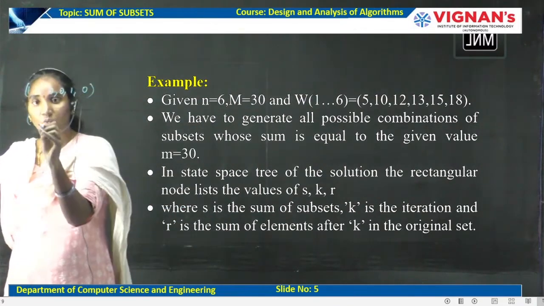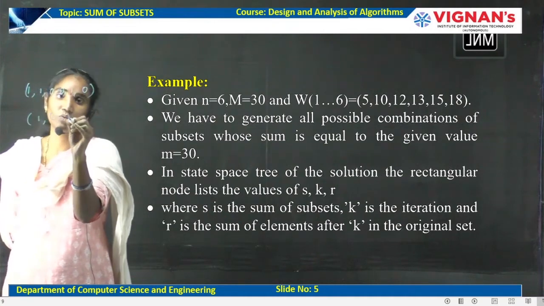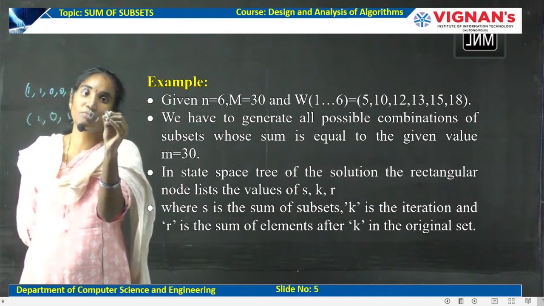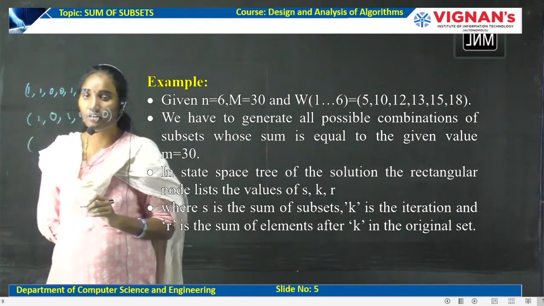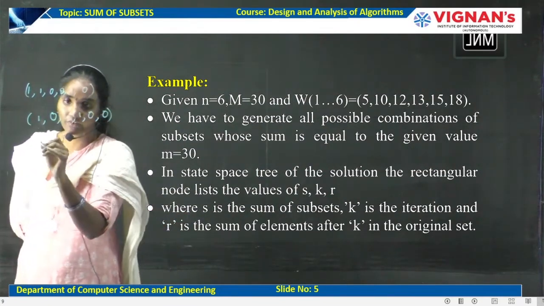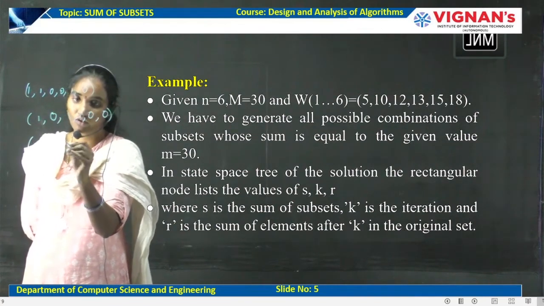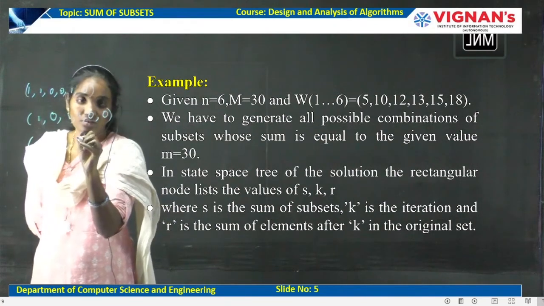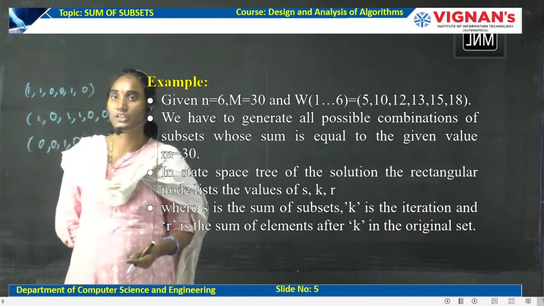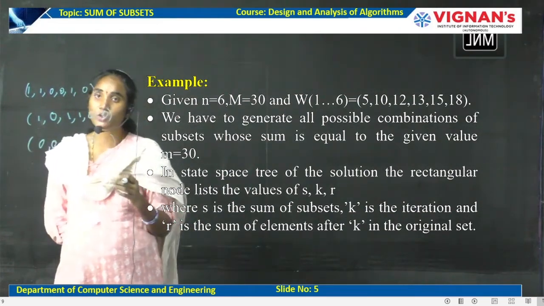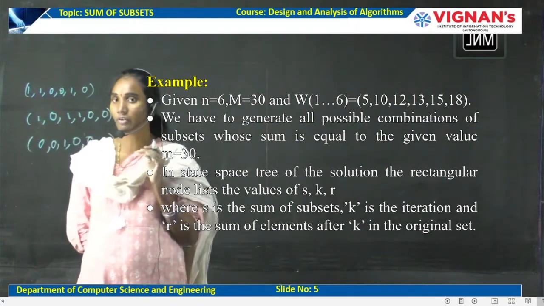And 1 comma 0 comma 1 comma 1 comma 0 comma 0, that is another solution. And in the same manner I'll have another solution 0 comma 0 comma 1 comma 0 comma 0 comma 1. Right? These are the 3 possible solutions I'll have for the given problem.